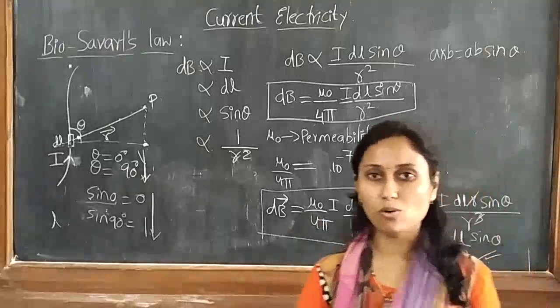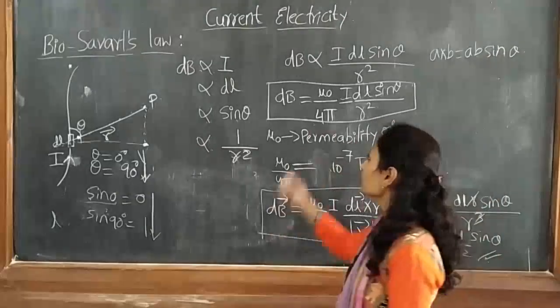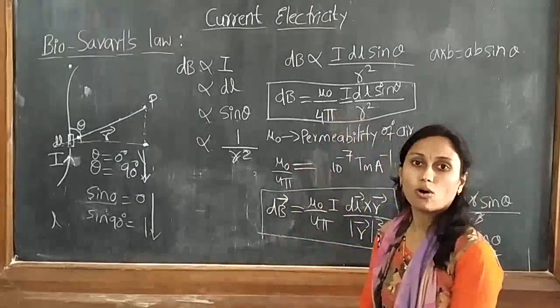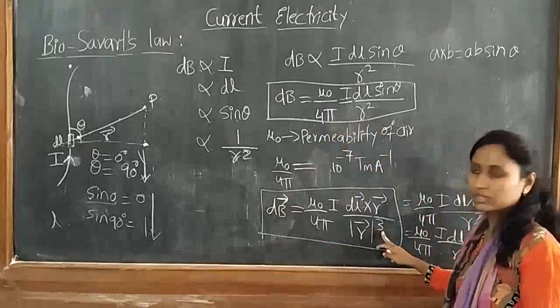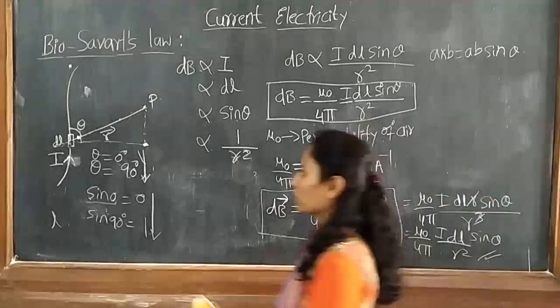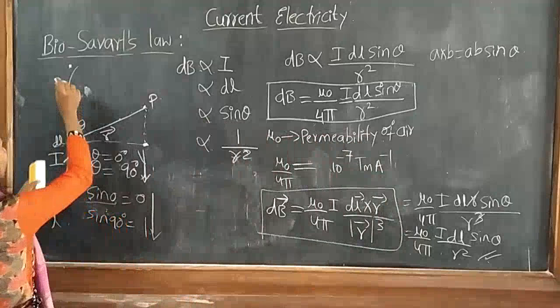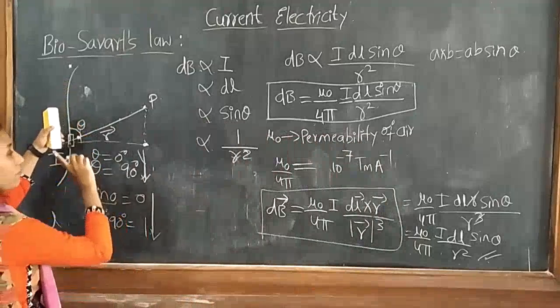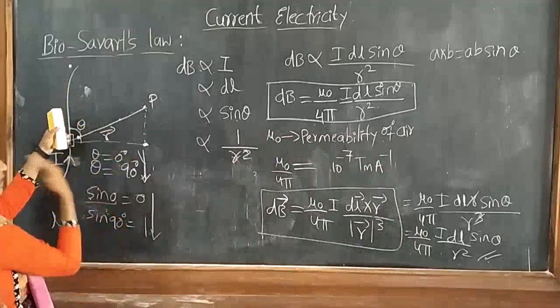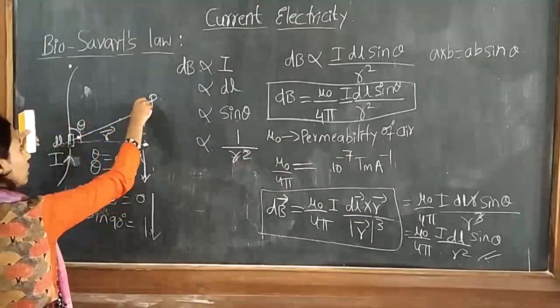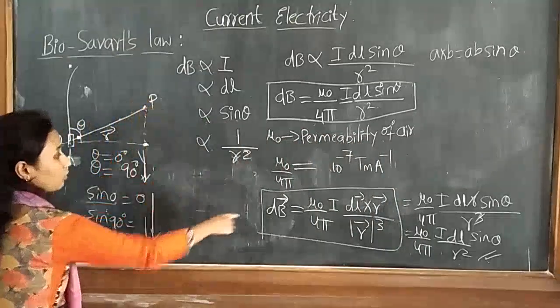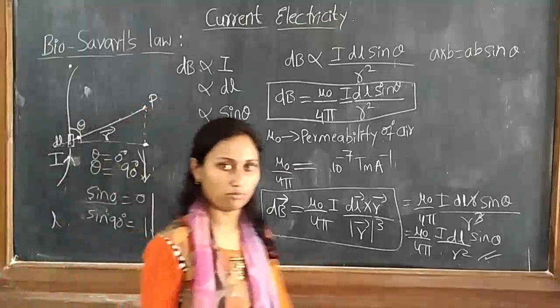So this is about the magnetic field, on which factors it depends, what the magnitude of the magnetic field is, and the direction also we are telling. As we already know, when current is flowing in this direction, it is anti-clockwise, normal to this point, and that we show in the vector form, isn't it?